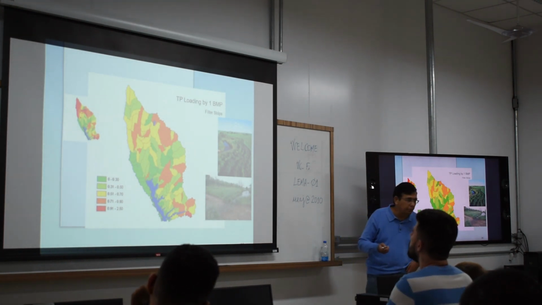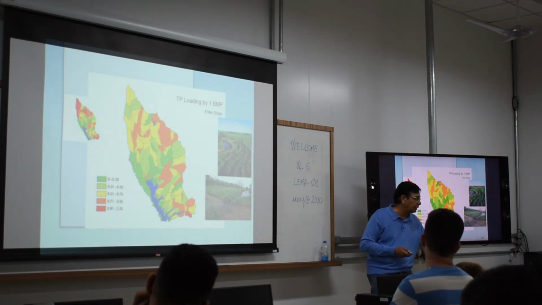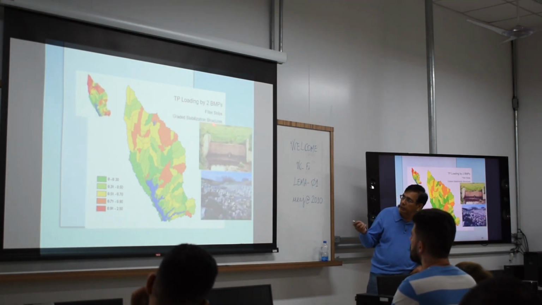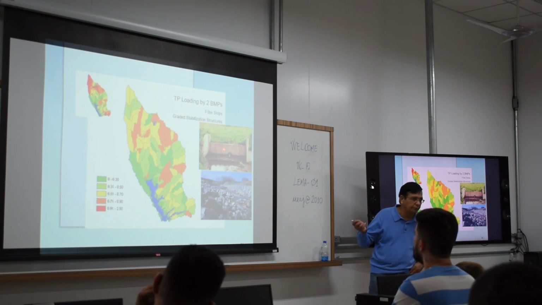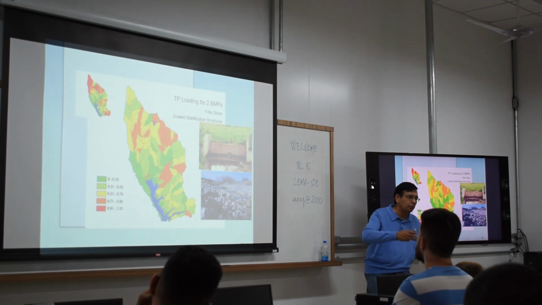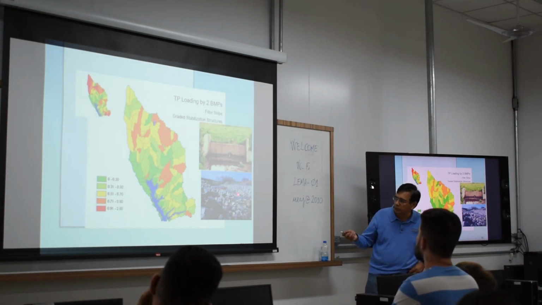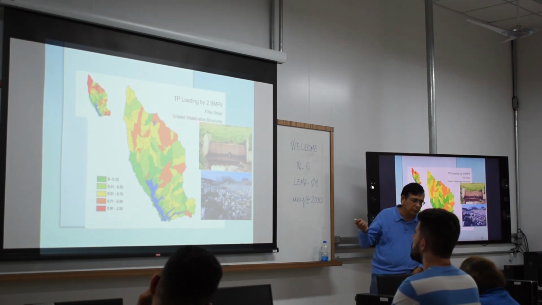Next, remember it's only 50% of the land that is converted, not all the land. And next we put in the structures so that we can reduce the velocity along the river. We put structures so that the flow in the river is not going to be very fast moving. So we put boulders and things like that to stabilize the river.